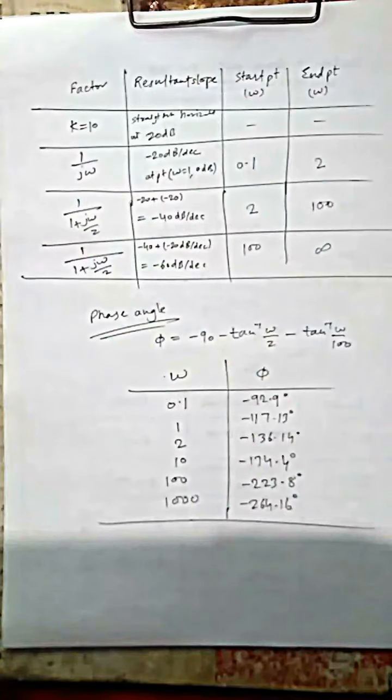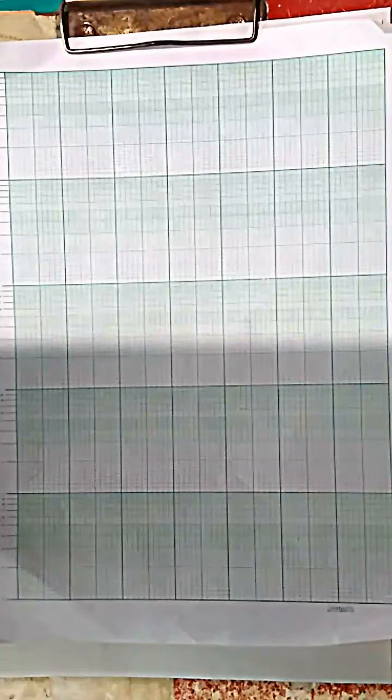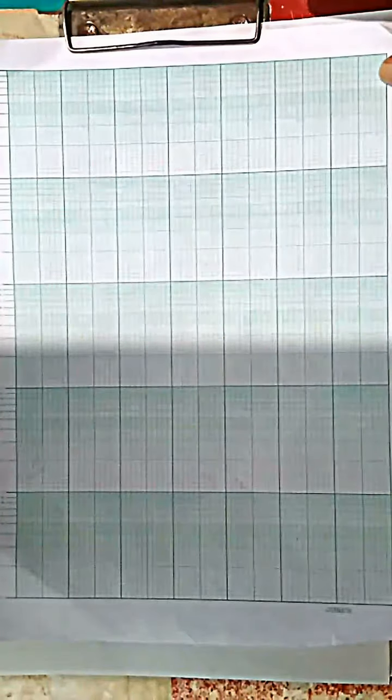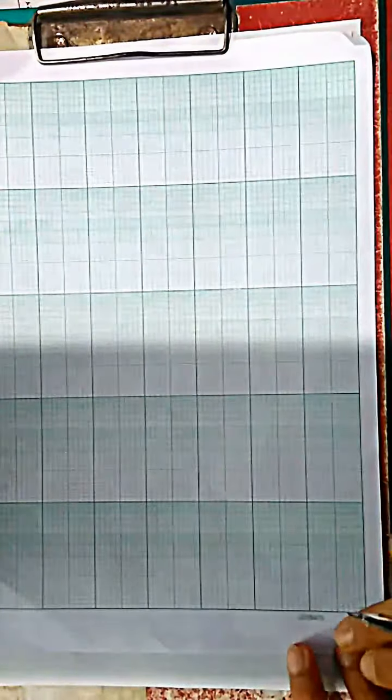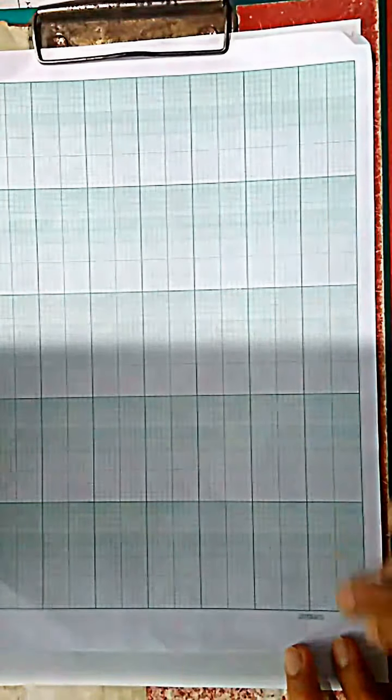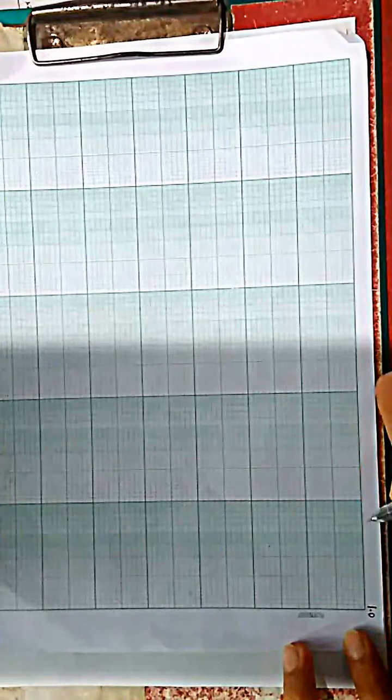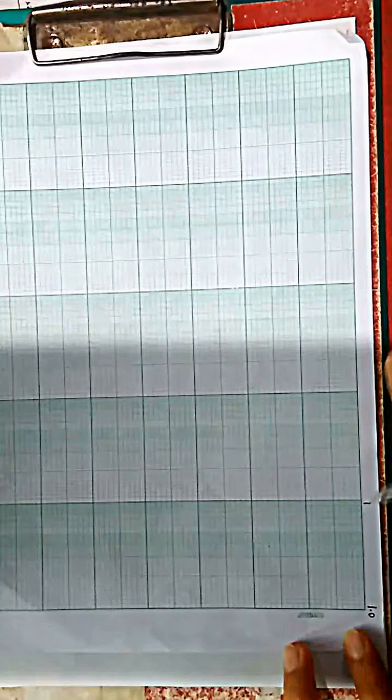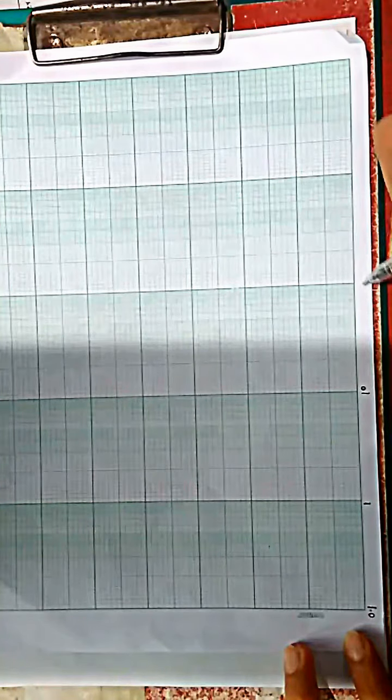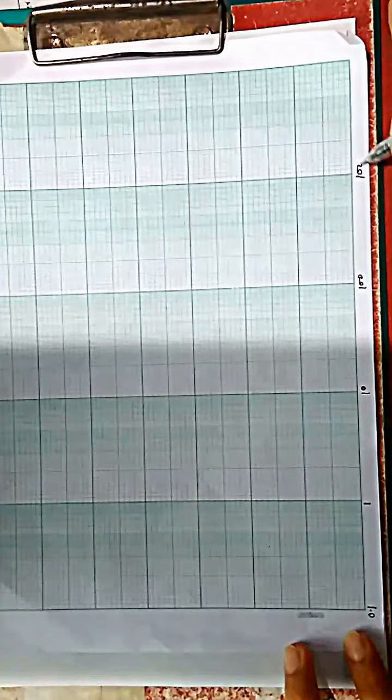Now let us go on plotting on semi-log paper. So we have semi-log paper. First of all, this is our x-axis. Mark all the omega on x-axis. We will start from 0.1 radians per second, then 1, then 10, 100, 1000.